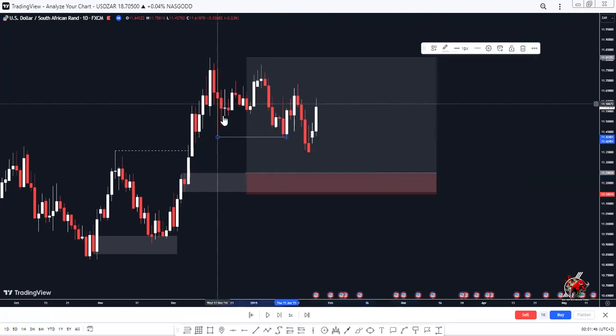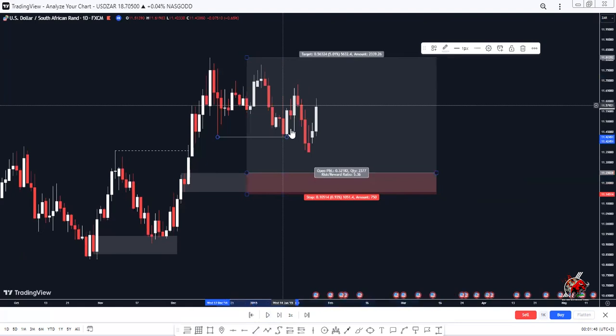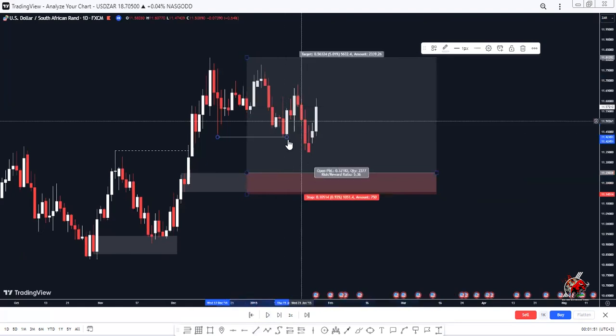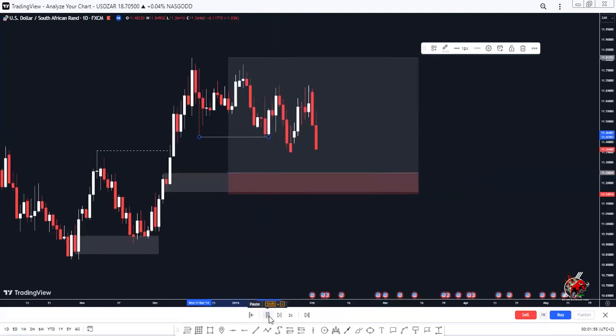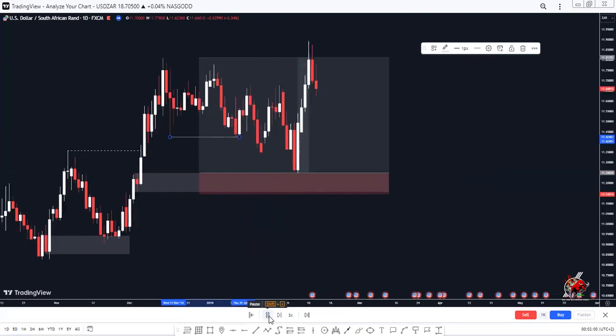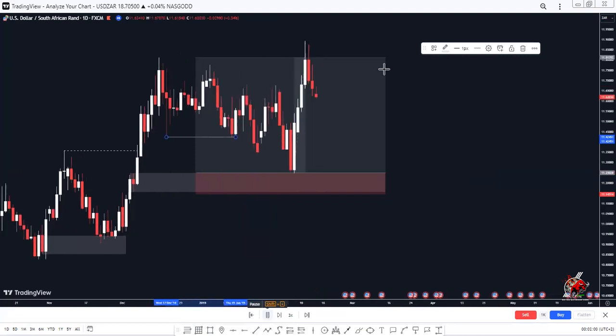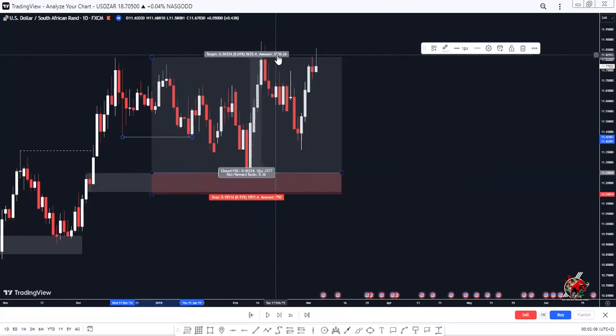So the market was fooling people to keep on buying at this level, keep on buying at this level to take it out. After taking it out, the market came all the way down to our order block right there, and then boom, check how quick the market moved to our take profit.